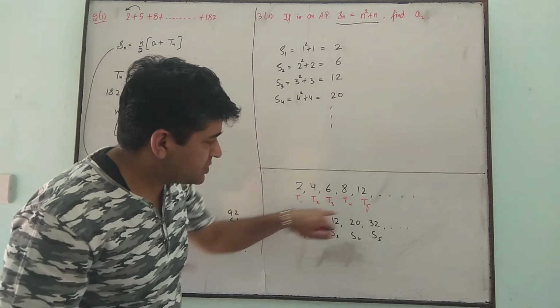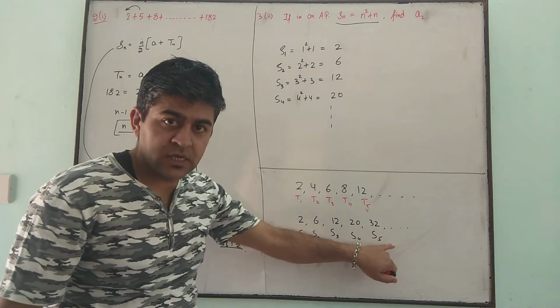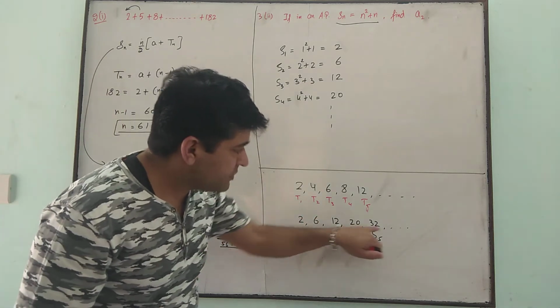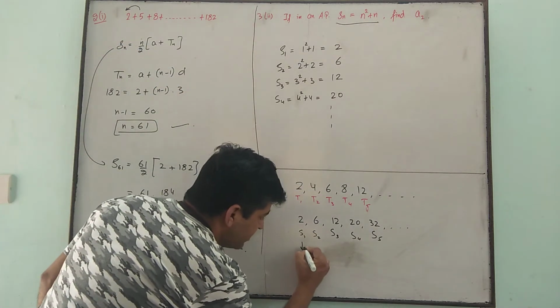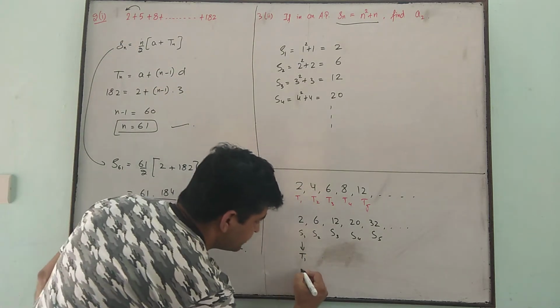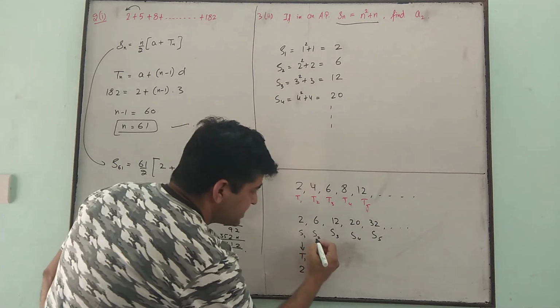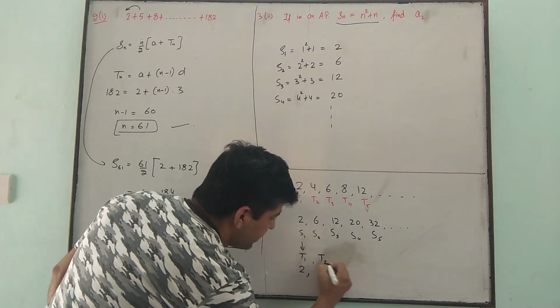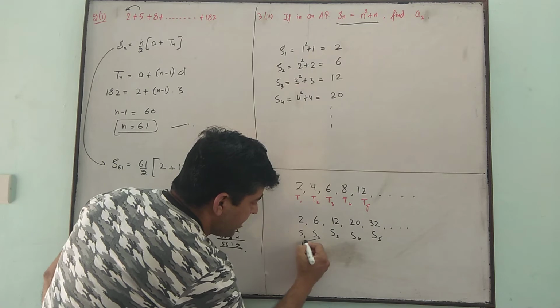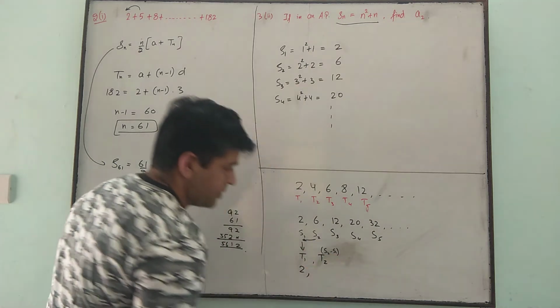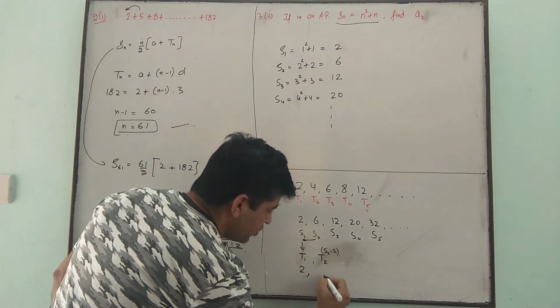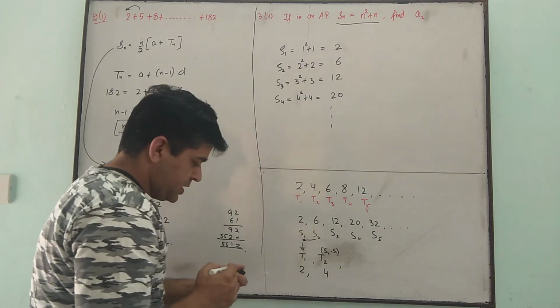Now from the terms we can find the sequence of sums. From the sequence of sums, how will we get the sequence of terms? That is, S1 will be equal to T1, T2 will be equal to S2 minus S1. That is 6 minus 2, we will get again 4.